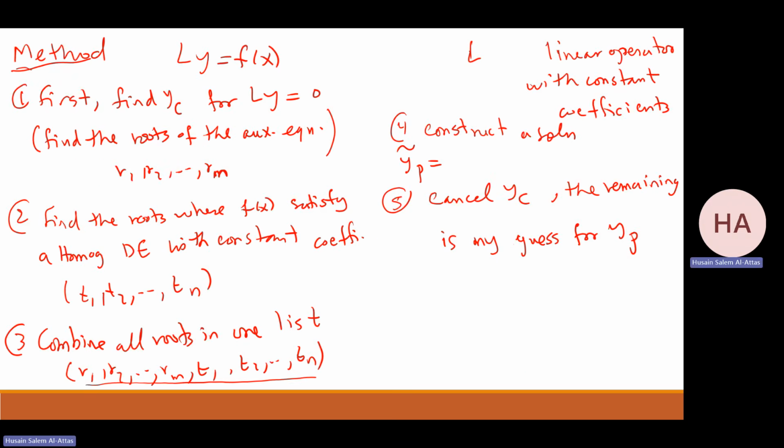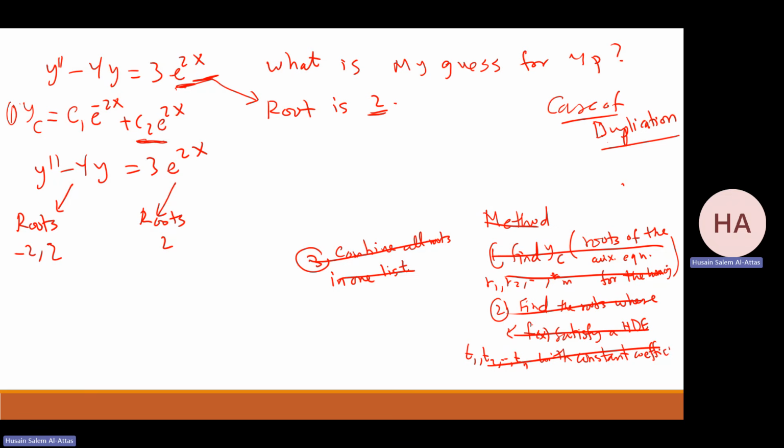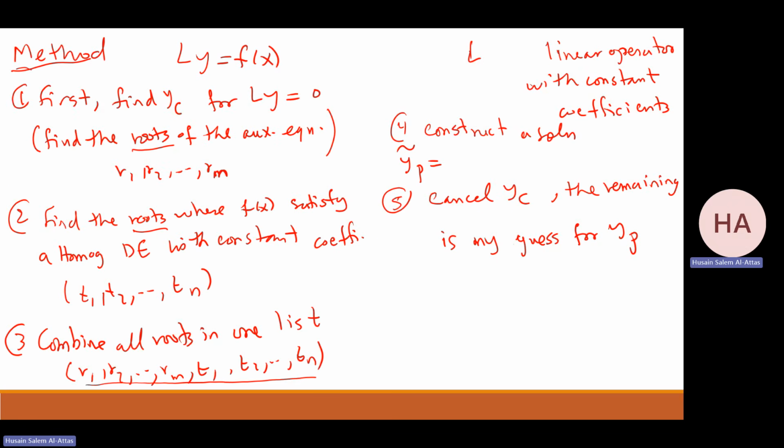This is my first step: find those roots and find those roots. This is 1, this is 2, 3. Make the new list. That new list is what I have: minus 2, 2, 2. This is my third step: combine all the roots in one list.